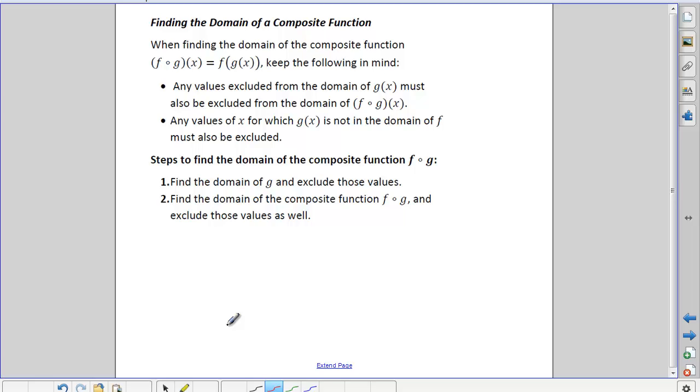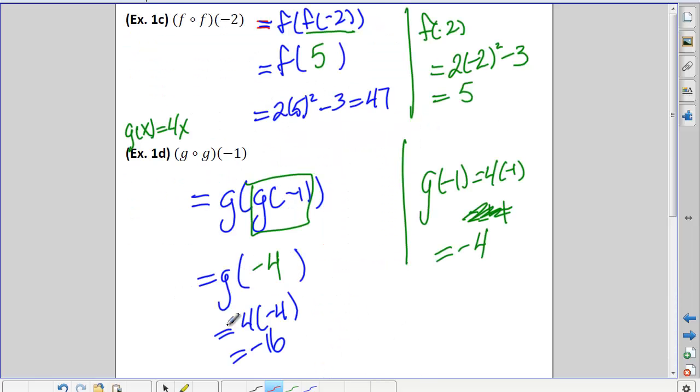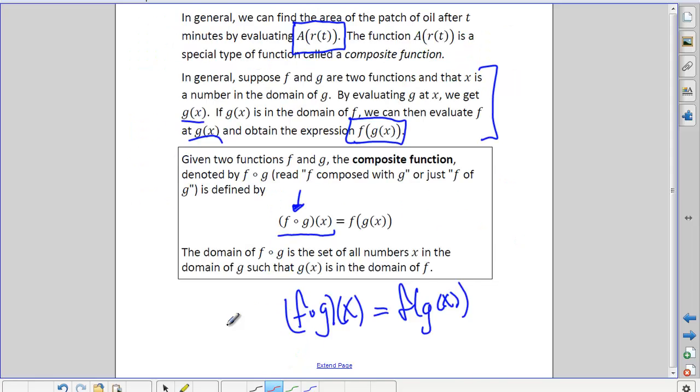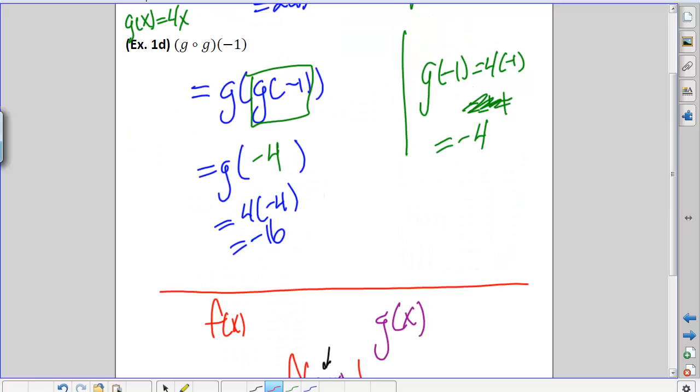And so the first thing we got to keep in mind goes back to this picture. This picture I drew, not the oil one, this one right here, where we're chaining these functions together.